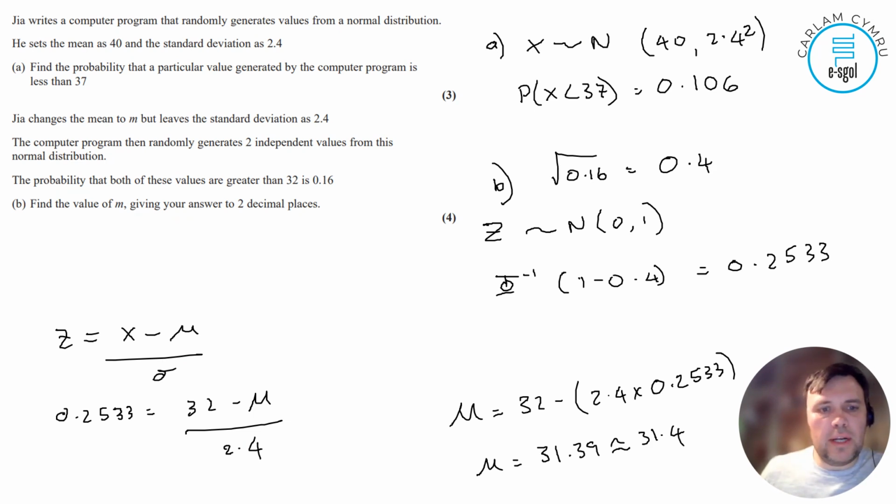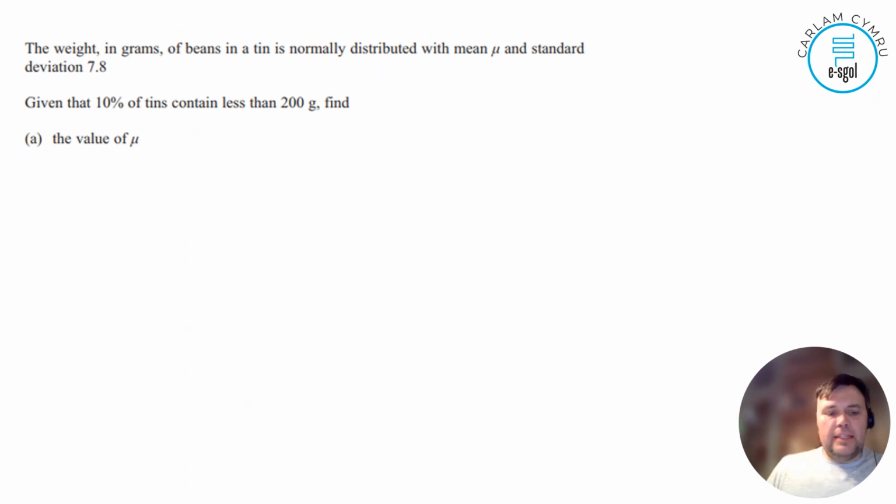And coming to our last question, the weight in grams of beans in a tin is normally distributed with mean mu and standard deviation of 7.8. Given that 10% of the tins contain less than 200, find the value of mu. So another one like this to finish off.